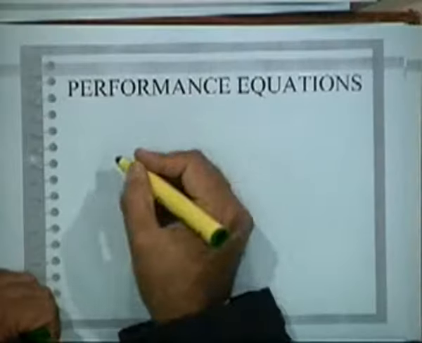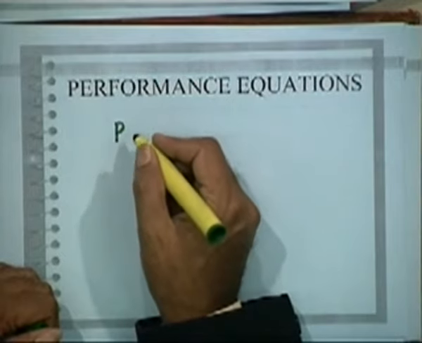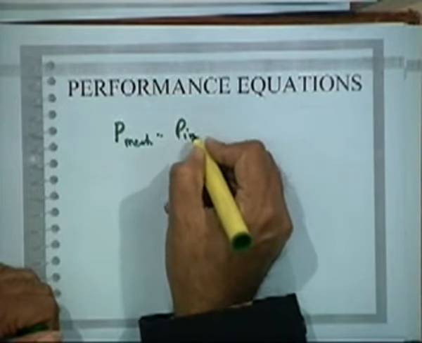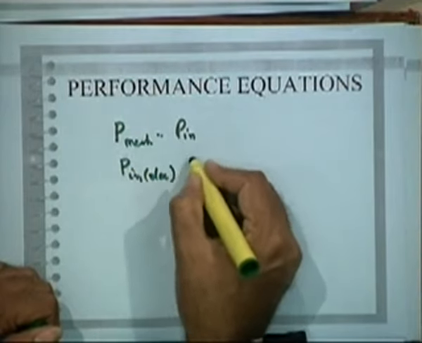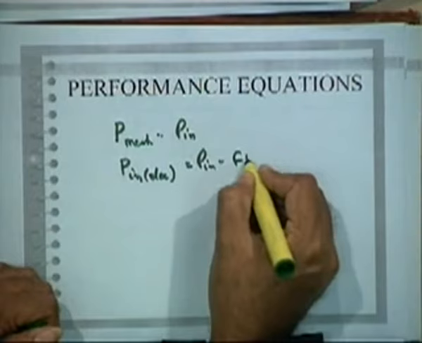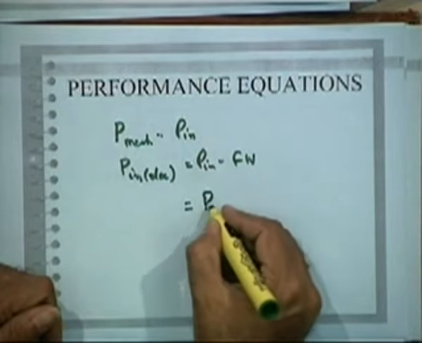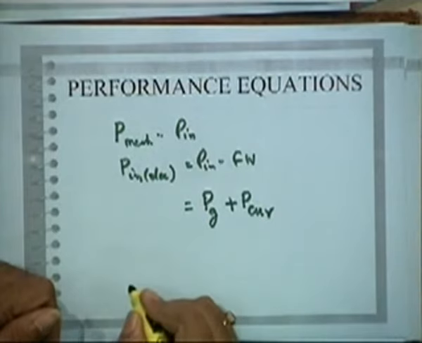So the performance equations, it is very clear. Yes. So we can write down the performance equations of the machines. You have the P mechanical, anyway is P input, and P input electrical is equal to P input minus FW. Now this will be equal to PG plus PCUR, isn't it?